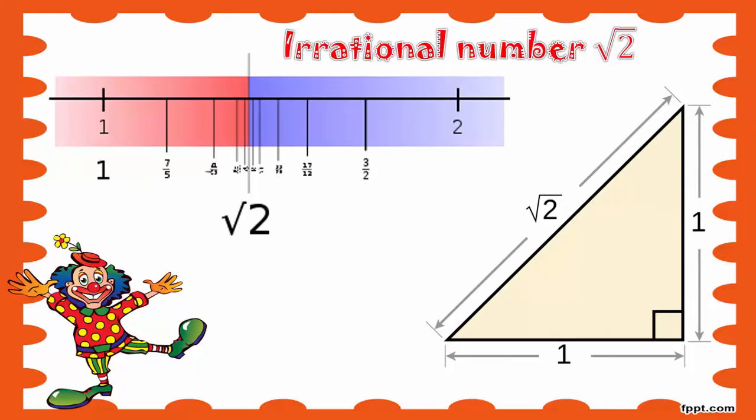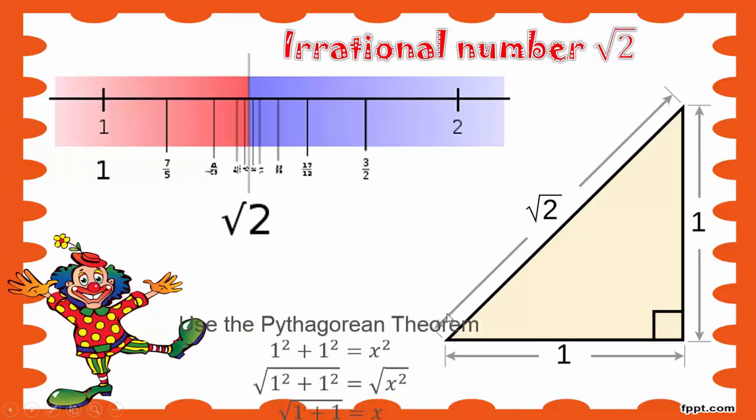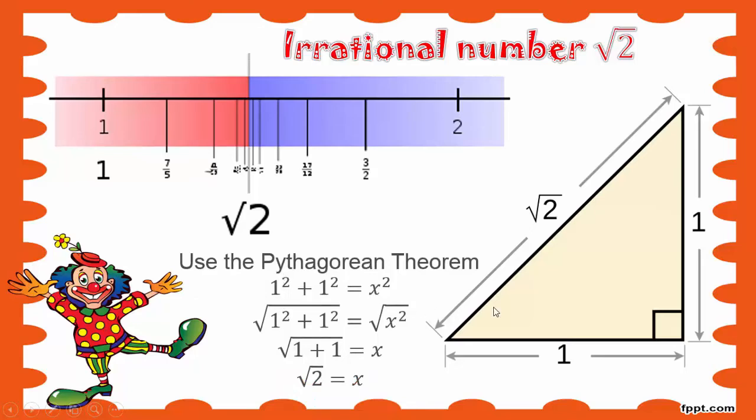We'll learn a little more about that later on, but it tells us that a squared, meaning one side, plus b squared, another side, is equal to the long side, c squared. So if we use this as a unit and this as a unit, 1 squared plus 1 squared is 1 plus 1, which is 2, and that becomes the square root of 2.